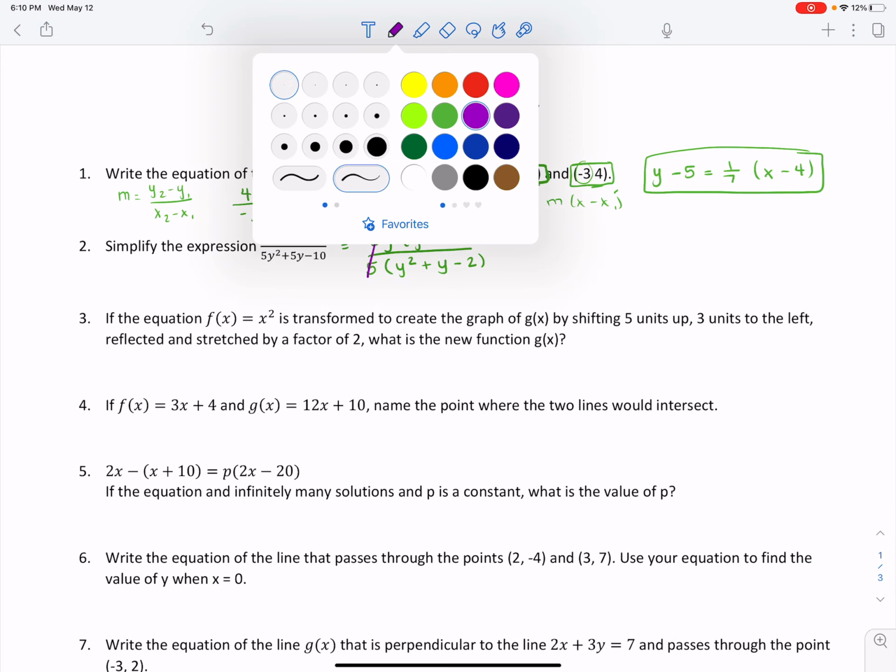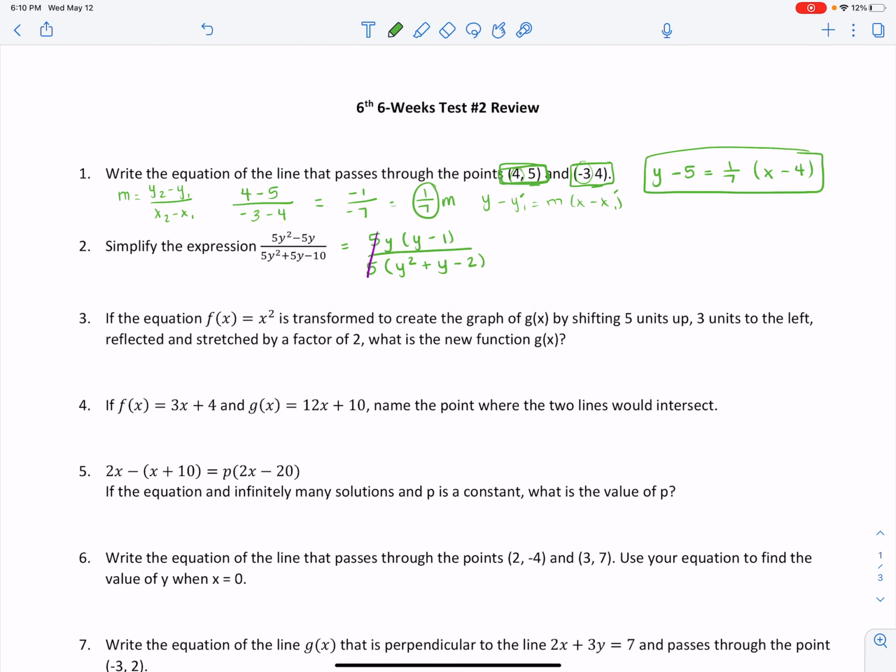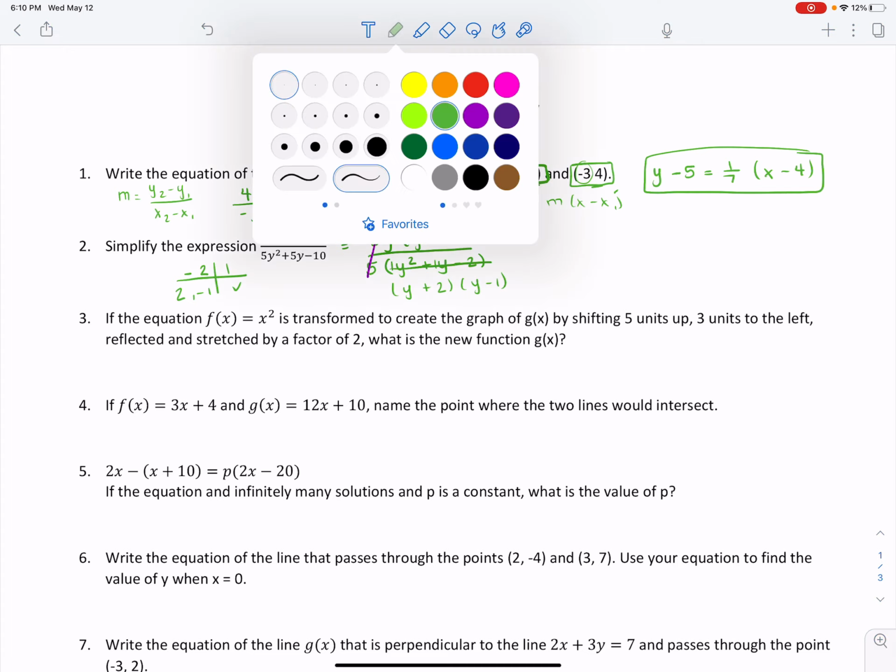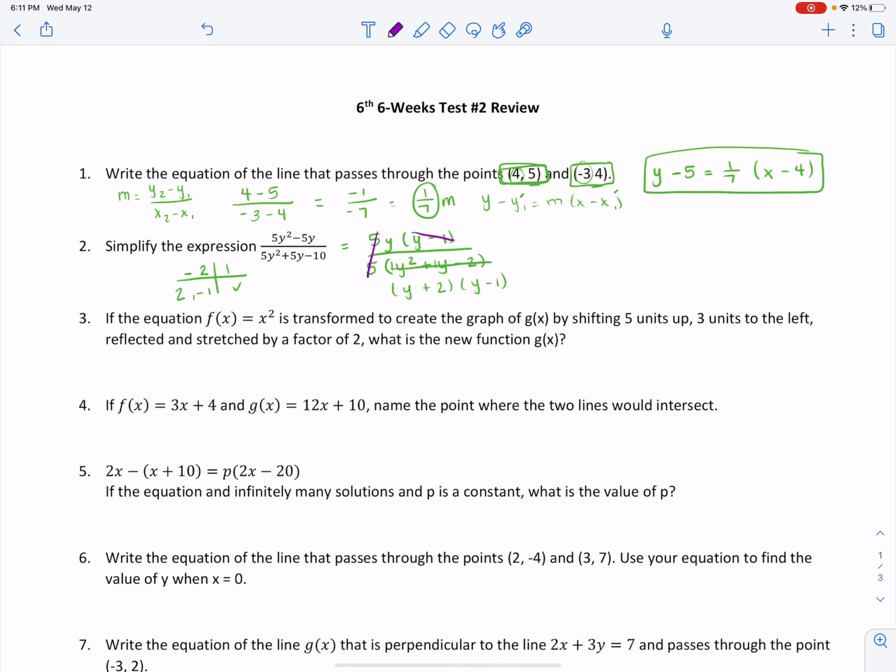Now let's see if we can factor any further. So 1y squared, 1y, and negative 2. If I can find two numbers that multiply to negative 2 and add to 1, 2 and negative 1 would work. So this is really (y plus 2)(y minus 1). Now that I see that, I can also cancel y minus 1 and y minus 1. So I'm left with y over y plus 2.